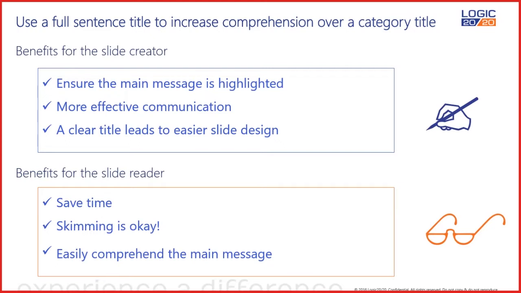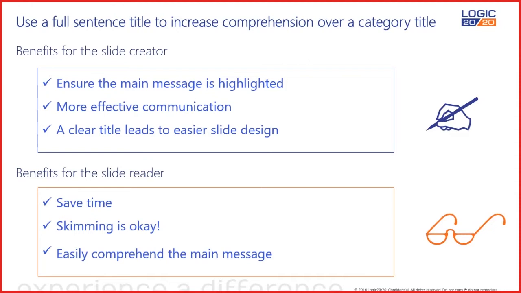Why a full sentence? This is your opportunity to convey to your reader or audience what you are trying to say on your slide. The answer to that very question, what are you trying to say on your slide? That can actually be used as your slide title. You want to do something clear that's going to ensure your main message is highlighted.